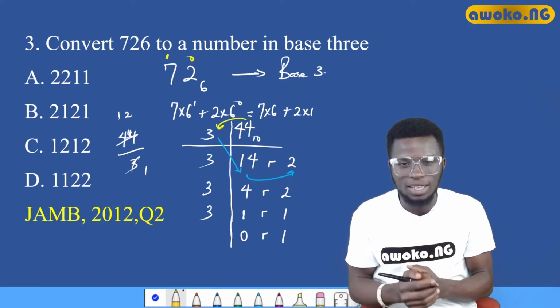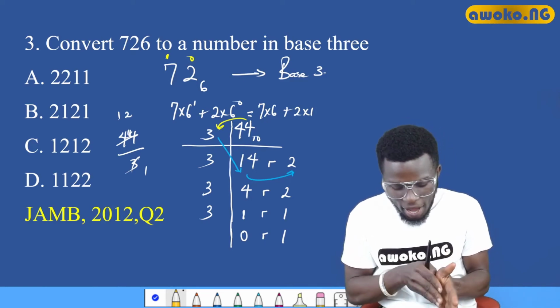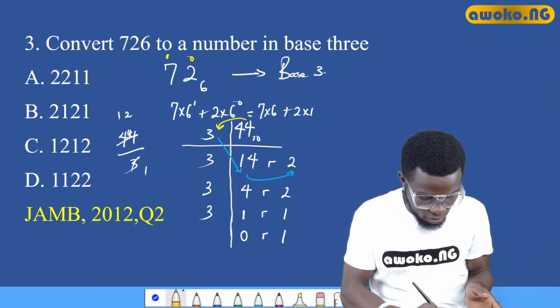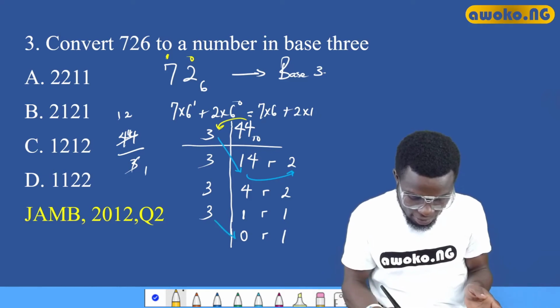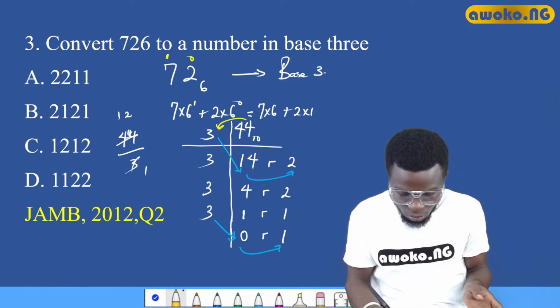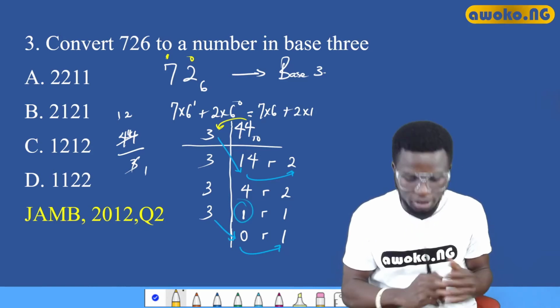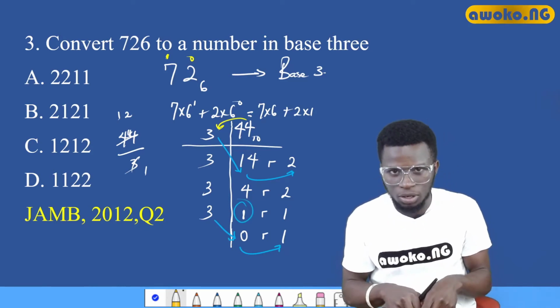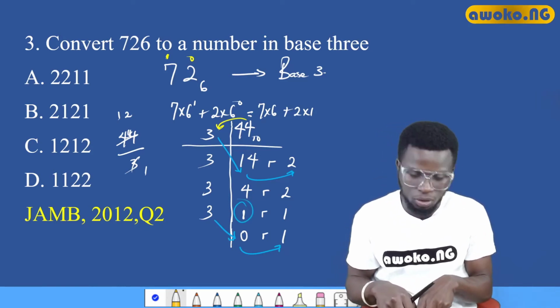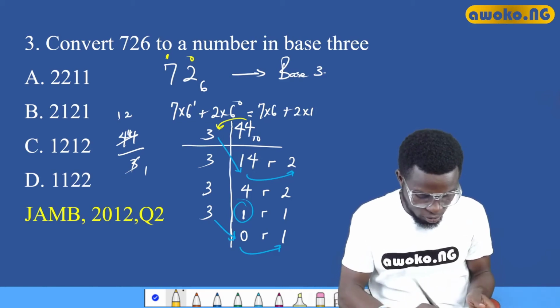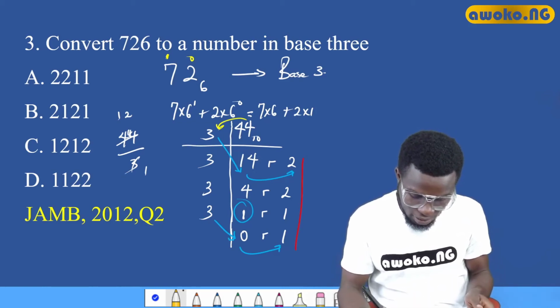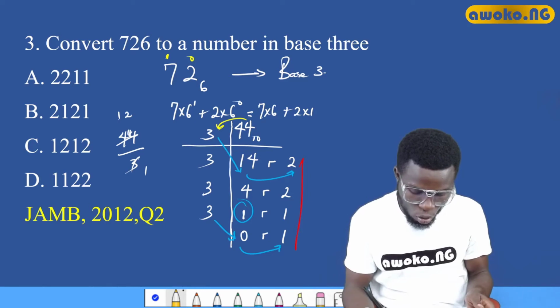Remainder 1. Remember I said the idea is if I multiply diagonally like this and add to this one, it must give me this value over here. So 3 times 0 is equal to 0 plus 1. It will also give us 1. If you want to check it, you just write it from bottom to top.